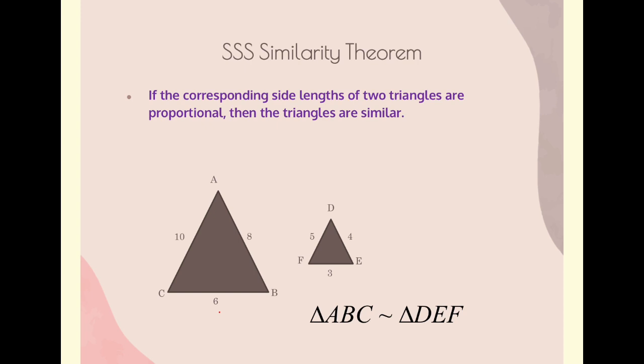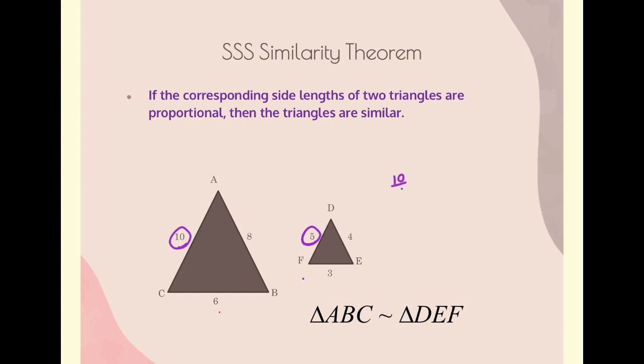This is a theorem. And it says if the corresponding side lengths of two triangles are proportional, then the triangles are similar. So for this one, which is usually easy to spot, we need all three side lengths of each, and they have to be proportional. Meaning if I were to use these triangles here, the biggest side is 10, and the biggest side in the small one is 5.